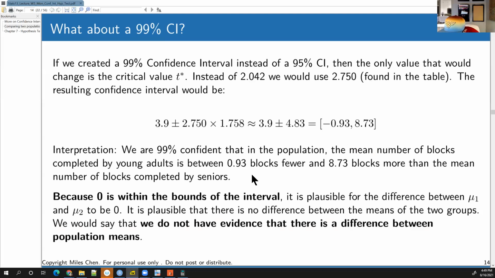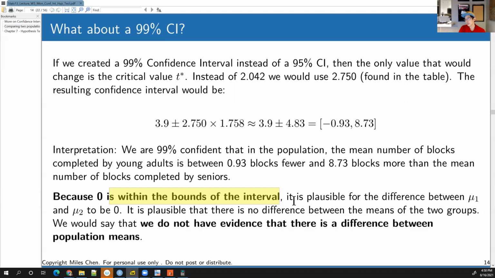Here's another question: can we say that we know the means are the same based on our evidence? So the question is, can we say that because 0 is within the bounds of the interval, the means are the same? And the answer to that is no, okay? We're never allowed to say that the means have this value or that the difference between the means is this value.